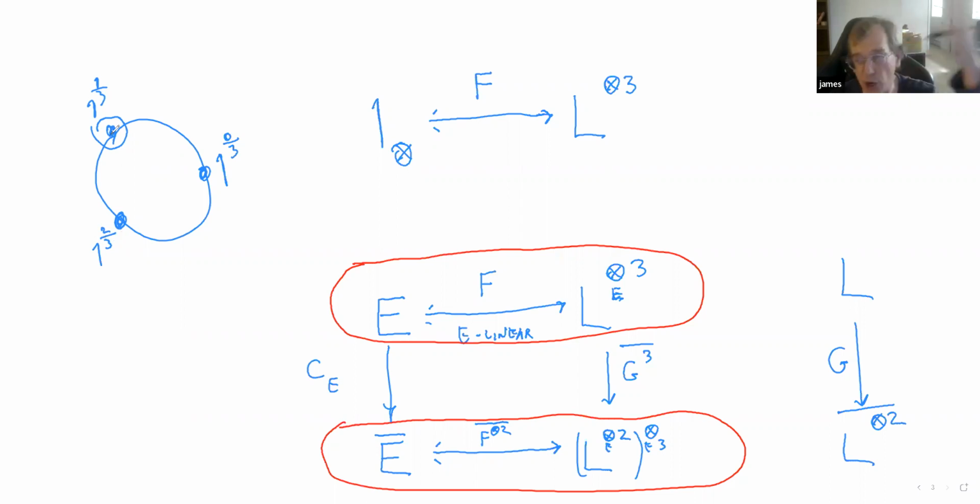In this case, the only non-trivial element of the multiplicative group of Z mod 3 is 2. So you send 1 to the 1/3 to 1 to the 2/3, and 1 to the 2/3 goes to 1 to the 4/3, which is really 1 to the 1/3.